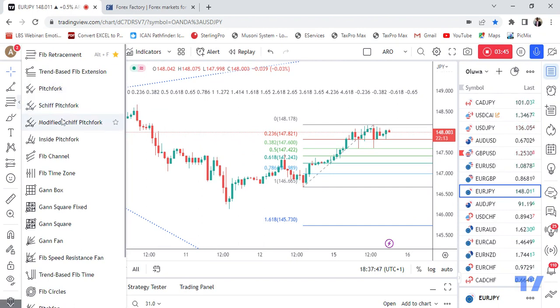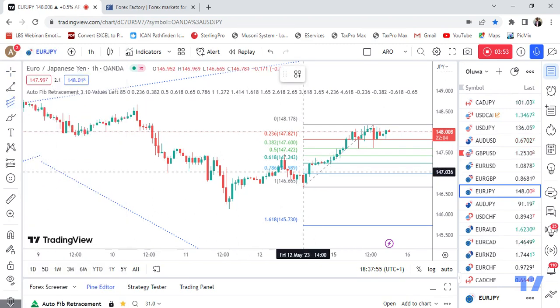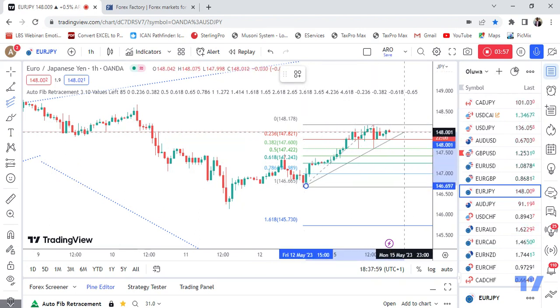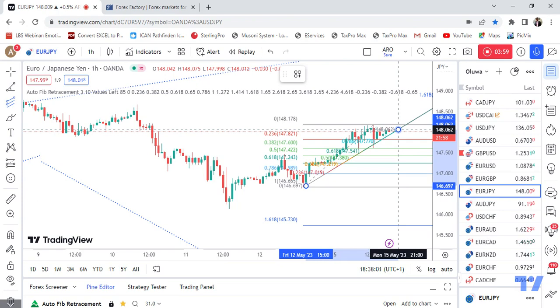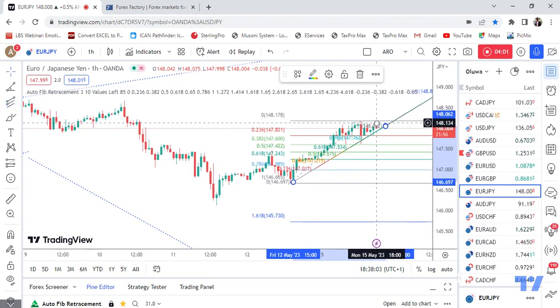Then we make use of the Fibonacci channel. If you want to draw a channel, you use that to draw a channel. So you draw it like this.